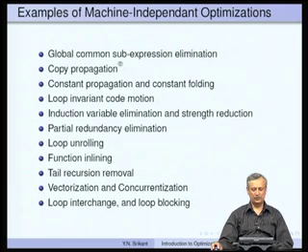First one is global common subexpression elimination, second is copy propagation, then constant propagation and constant folding, loop invariant code motion, induction variable elimination and strength reduction, partial redundancy elimination, loop unrolling, function inlining, tail recursion removal, vectorization and concurrentization, loop interchange and loop blocking.